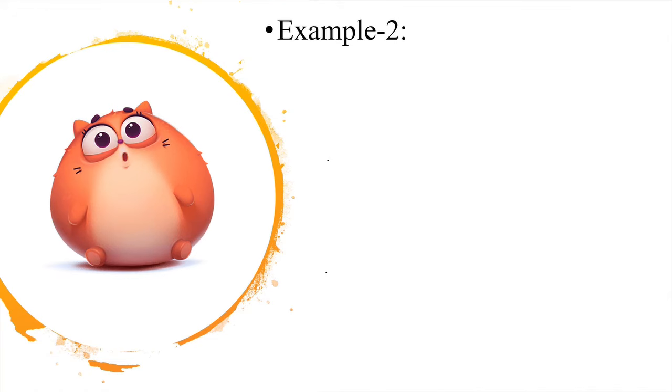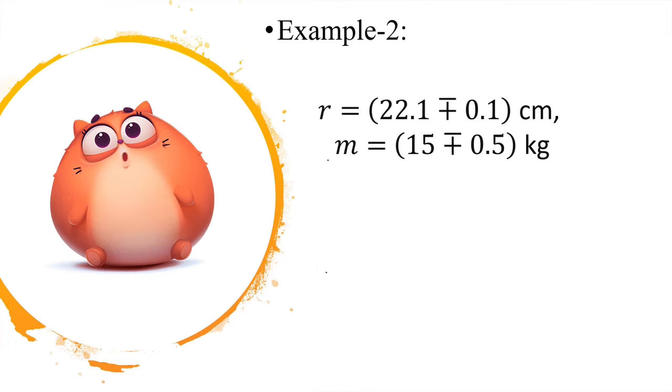Now let's take another example, and let's say that you want to measure the density of a sphere or something spherical like this cat, maybe. And let's say that you are given its radius and its mass. Okay, so both of these are measured quantities, and apparently they have their uncertainties.